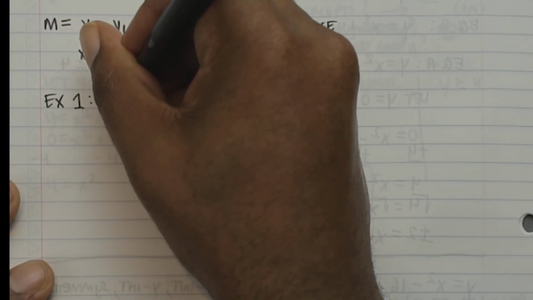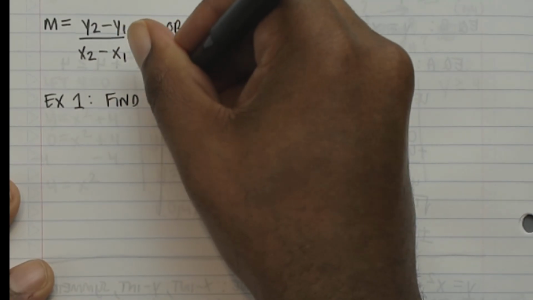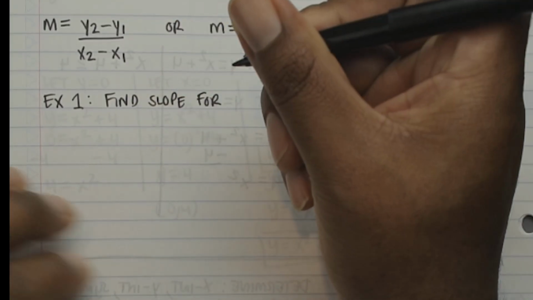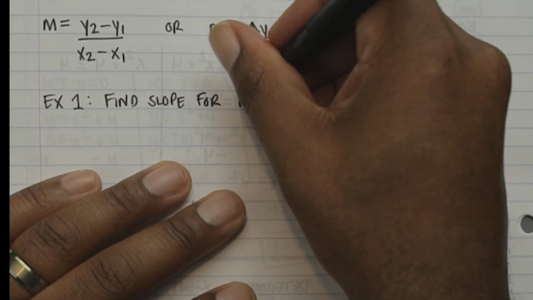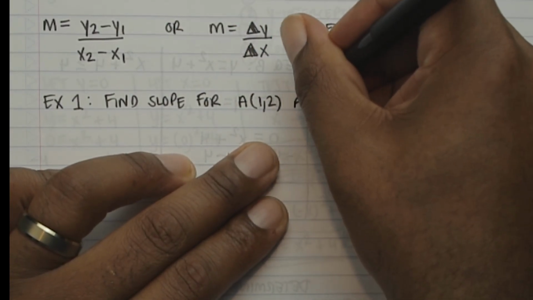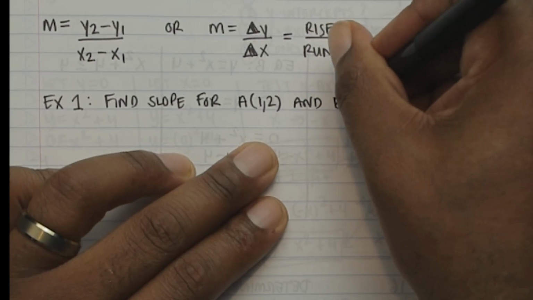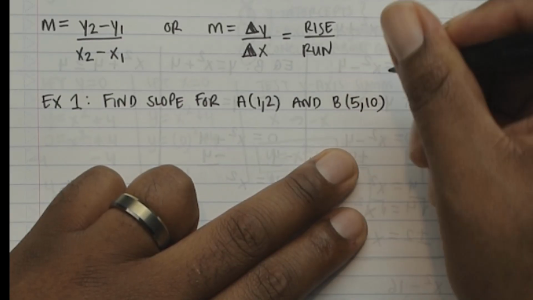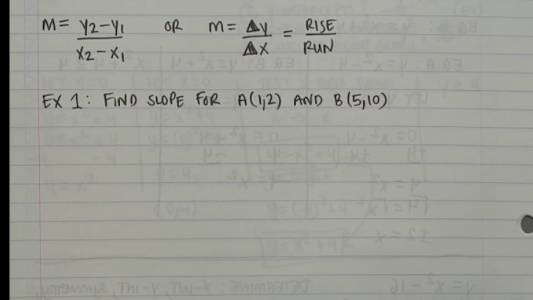Let's find the slope for point A, which is 1, 2, and point B, which is 5, 10. Let's identify the coordinates first.